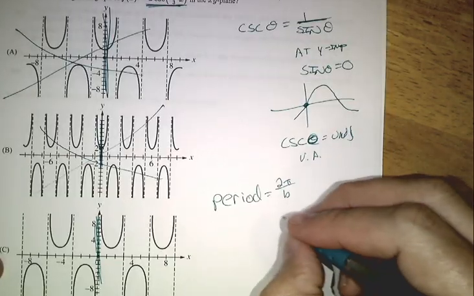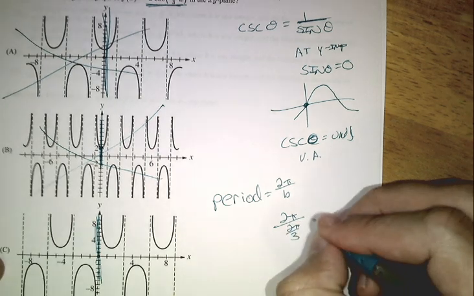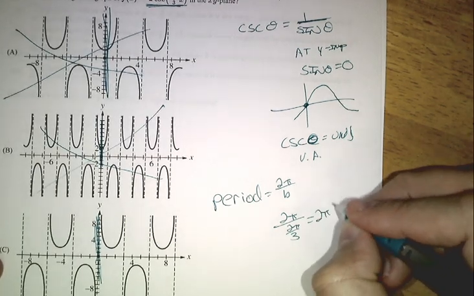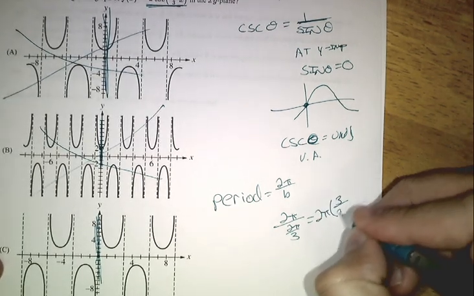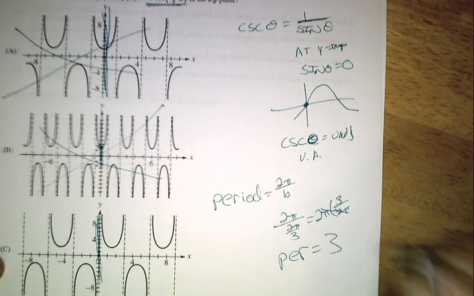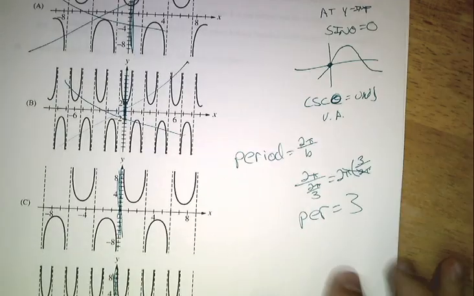In this case, that's going to be 2 pi divided by 2 pi over 3. Keep change, flip. And this is 2 pi times 3 over 2 pi. The 2 pi's cancel out. The period is equal to 3 units.